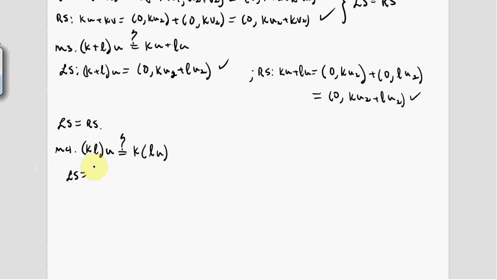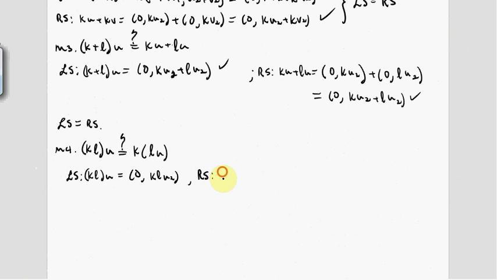The left side, well, this is the scalar multiplication, so the first term is 0. Put the emphasis on the two scalars being multiplied. It's looked upon as being just one scalar times that vector component. So this is KL times U sub 2.